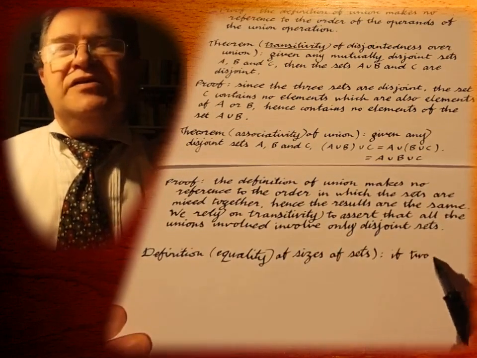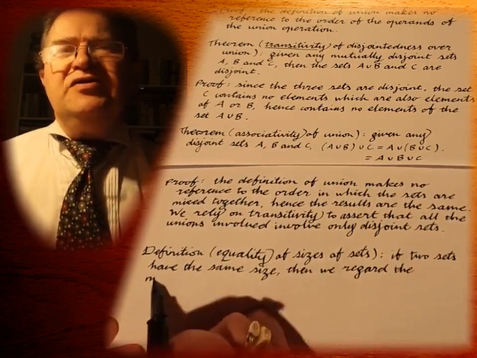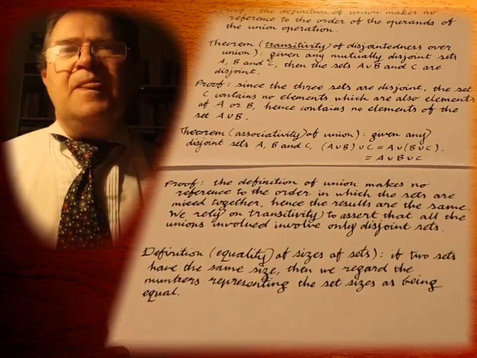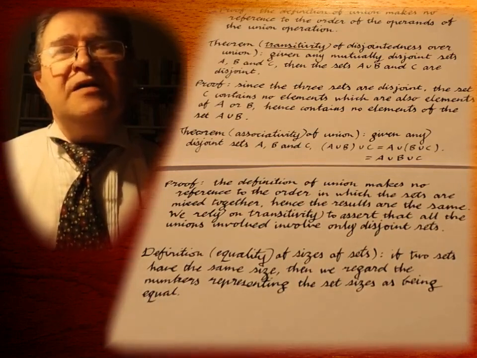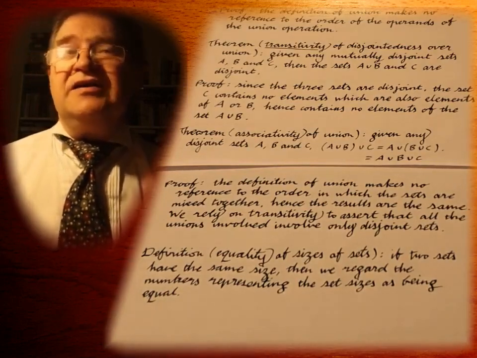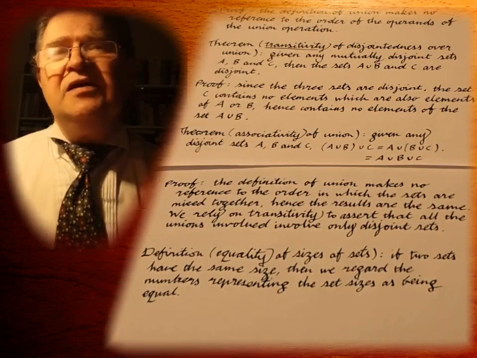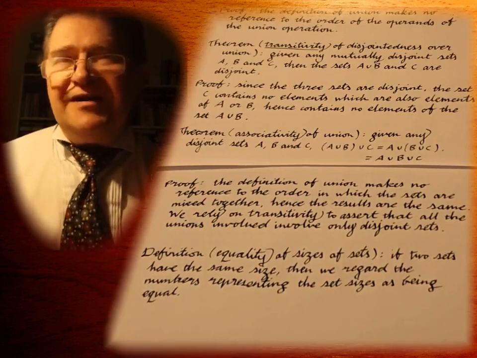Now, if two disjoint sets are of the same size, then we regard the numbers representing the sizes as being equal. Again, the equal sign is used to denote this equality. Thus, whenever you see the equal sign, you have to understand by context, i.e. the previous definition of all the symbols that are in use, whether it stands for an equality of sets or an equality of size of set.